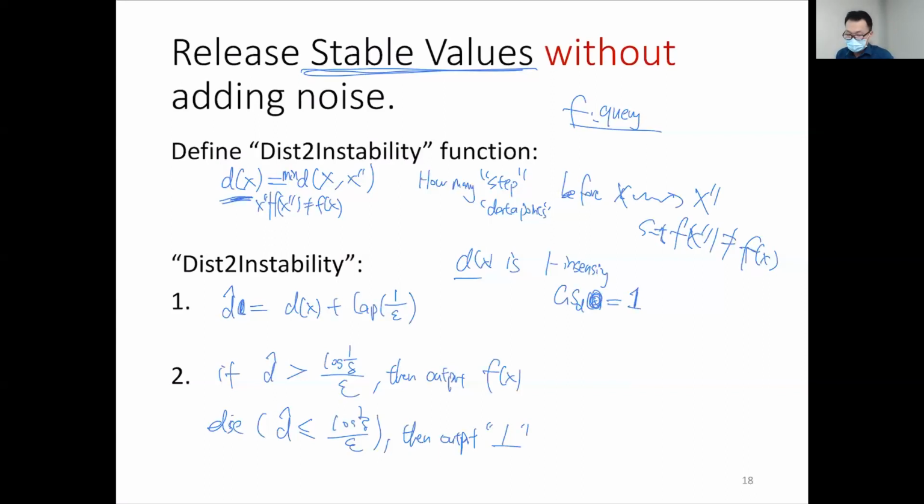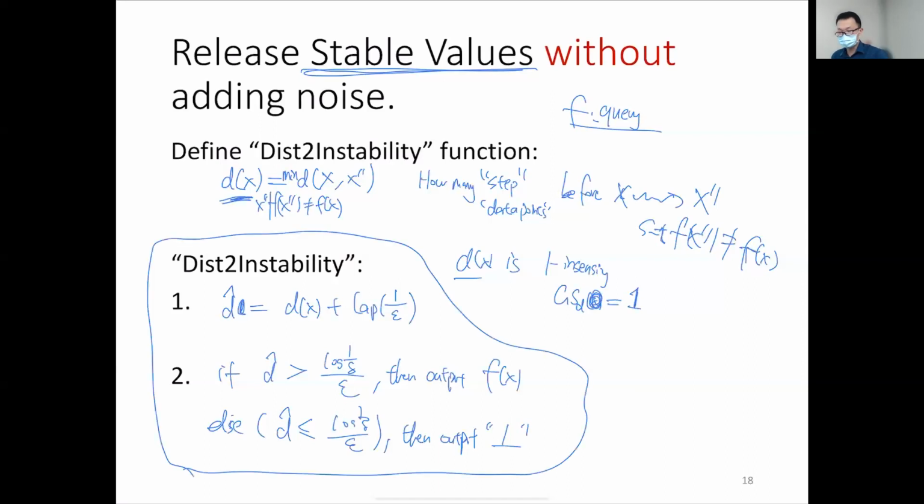On the other hand, if this d hat is small, then I'm going to just refuse to answer the question. Okay, so is the idea of distance to instability clear to everybody? I'll show you in the next slides how this is epsilon delta differentially private.